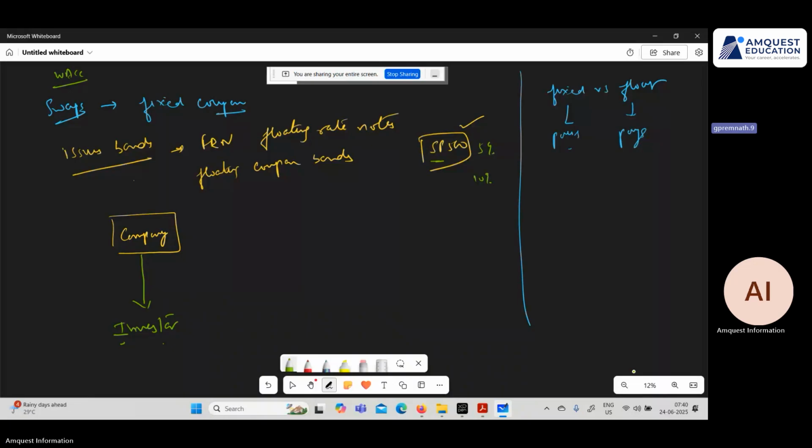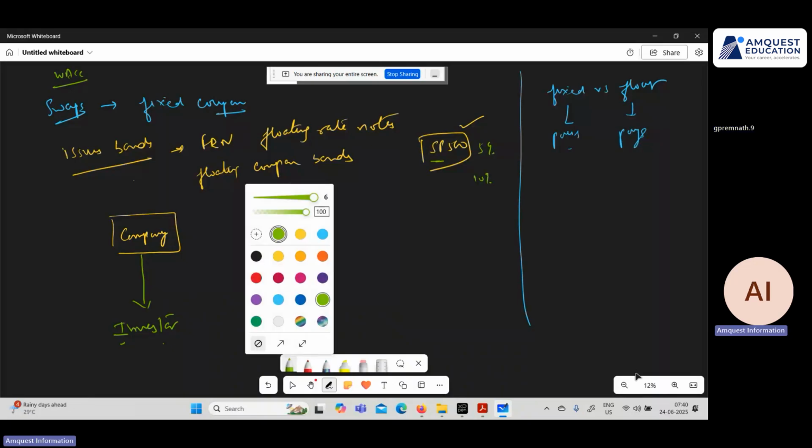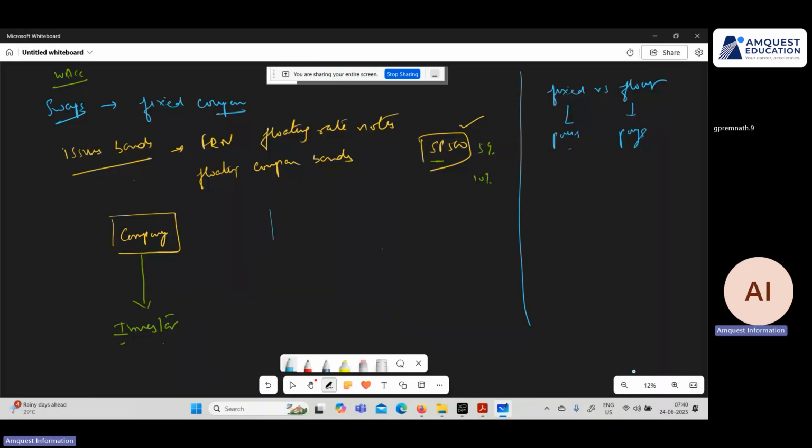Now, how about this person finds a swap dealer? He finds a swap dealer who would say that I will charge you. Obviously, he's not doing anything for free. And these are OTC products; a swap is an OTC product.